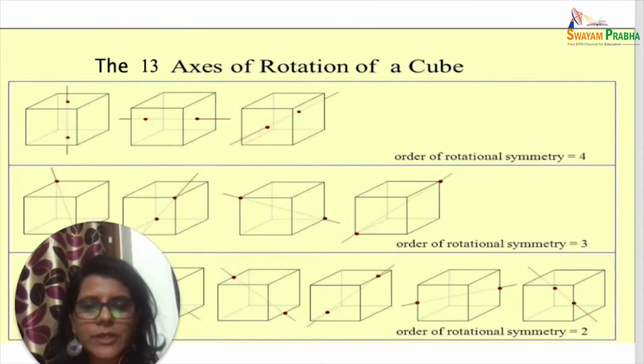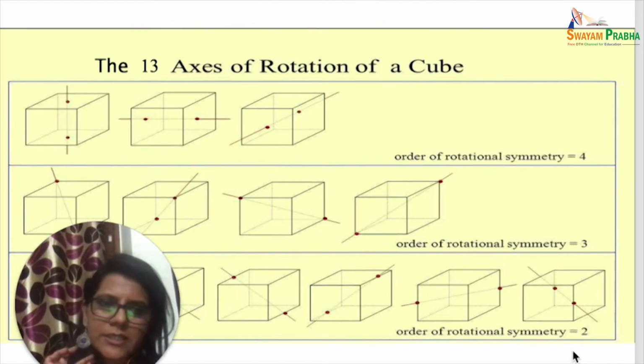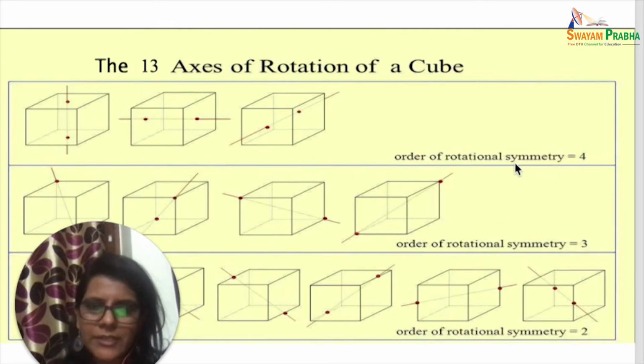Now, let us look at the rotational axes of symmetry which are present in a cube. I did tell you that there are 7 Bravais lattices. We are majorly interested in the cube because it is simple and easier to visualize for our course. So we are doing only the cube. Just see what are the various kinds of rotation axes of symmetry in a cube. The first is the fourfold rotational axis of symmetry.